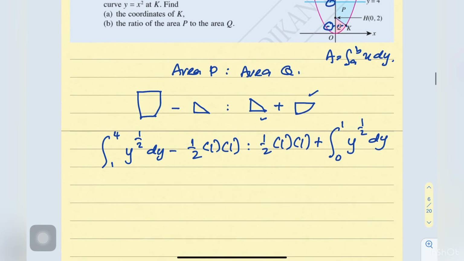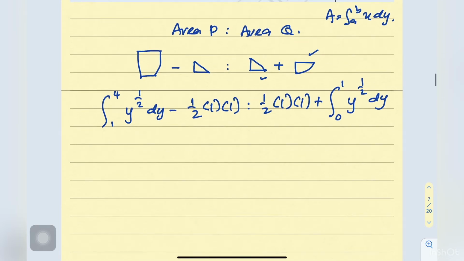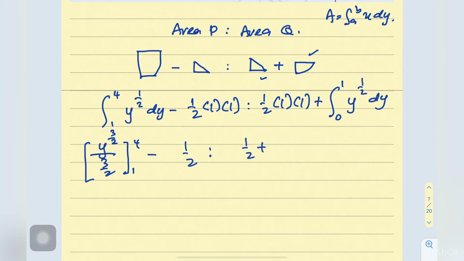Okay, so we integrate this one. So it becomes y power of 3 over 2 over 3 over 2, from 1 to 4, minus 1 over 2, which is 2... 1 over 2 plus y power of 3 over 2 over 3 over 2, from 0 to 1.